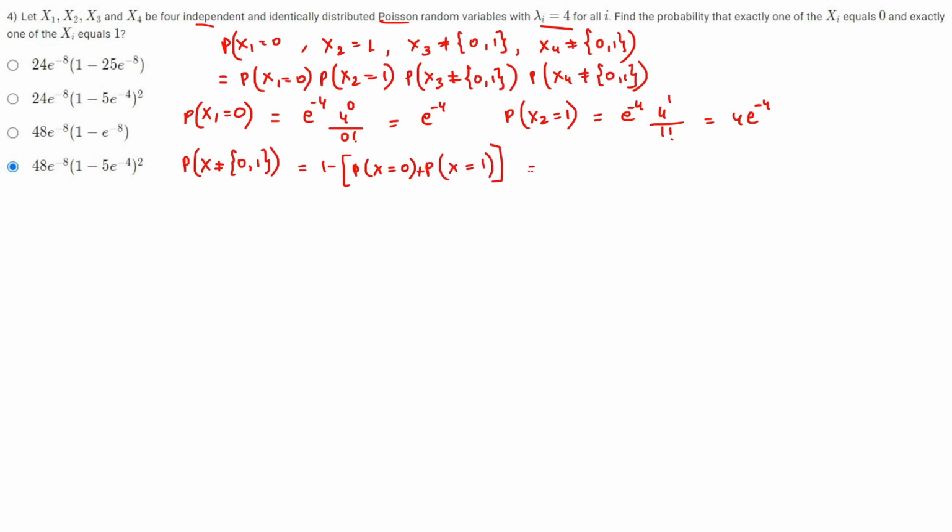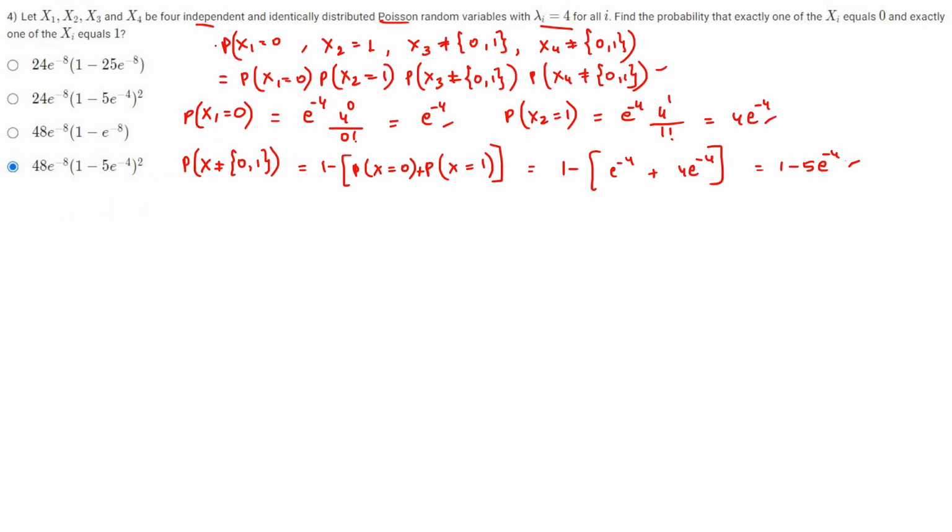So this is nothing but 1 minus e to the power of minus 4, we just found out here, plus 4 e to the power of minus 4, which is nothing but 1 minus 5 e to the power of minus 4.